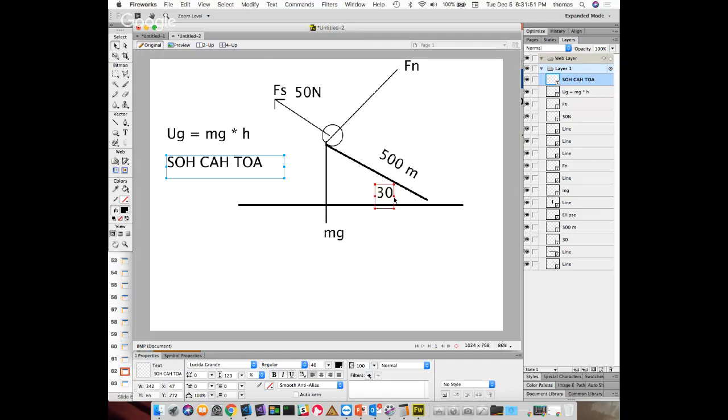But we have sine of 30, we know that. And we don't know opposite, but we have hypotenuse. So let's say sine theta is equal to opposite over hypotenuse. So sine of 30 is equal to opposite, which is this thing here. We'll call this the height. That's what the opposite is, height over hypotenuse, which is 500 meters. Those are the things we know.